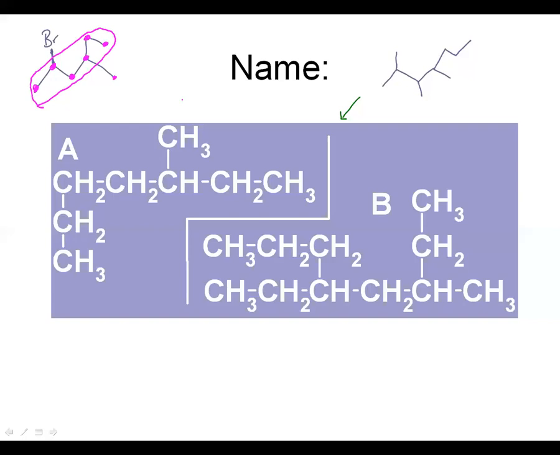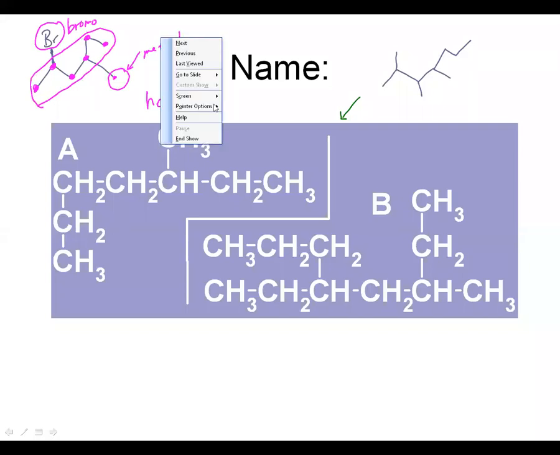Now, in terms of the groups, we have a Br, which is a bromo group. And again, a line with nothing at the end of it is a methyl group. So we do want to number it whichever way will give us the smaller set of numbers.